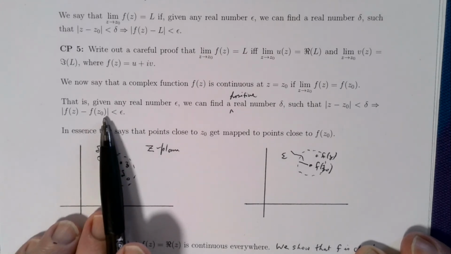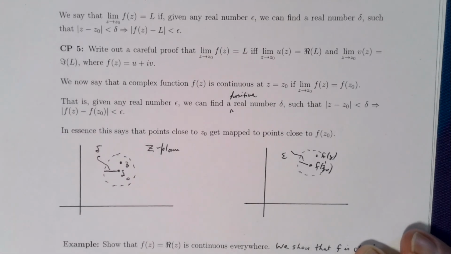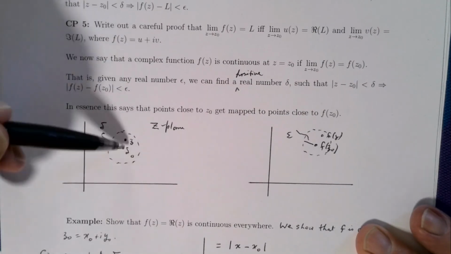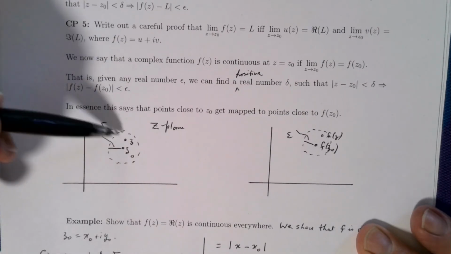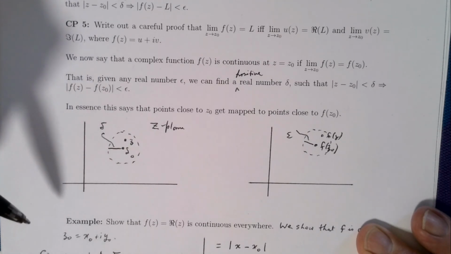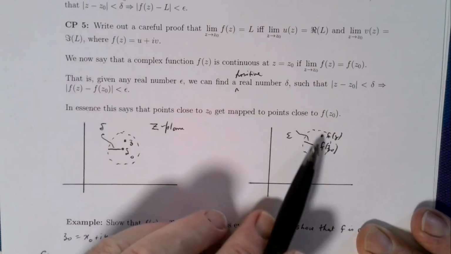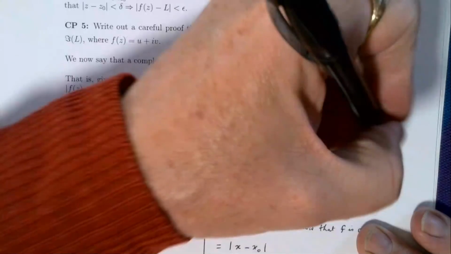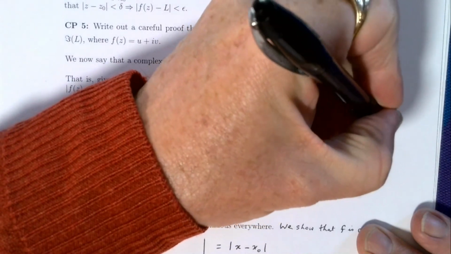In physical terms, what it means is that if you start out with points that are close together, that is within delta of each other over in the z-plane, if the function's continuous, then the images of these are close together in the w-plane. So here we have the w-plane.